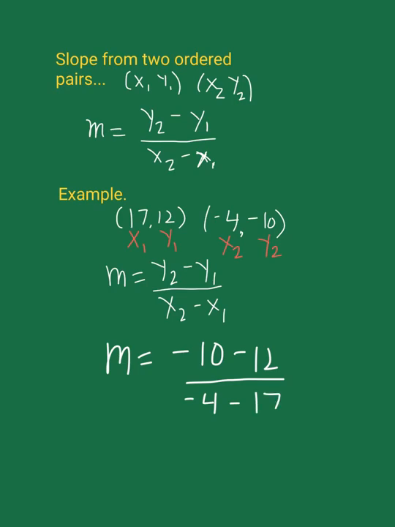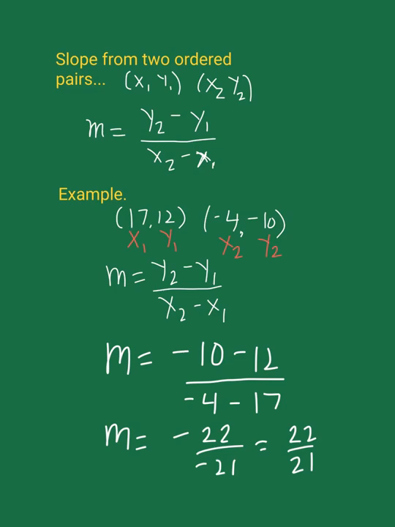Then all I have to do is simplify. Negative 10 minus 12 is negative 22. Negative 4 minus 17 is negative 21. Negative 22 divided by negative 21 is positive 22 over positive 21, because when you're multiplying or dividing, two negatives make a positive.